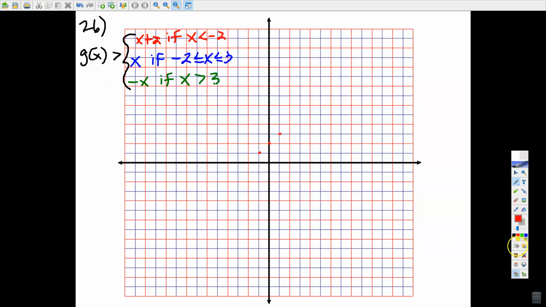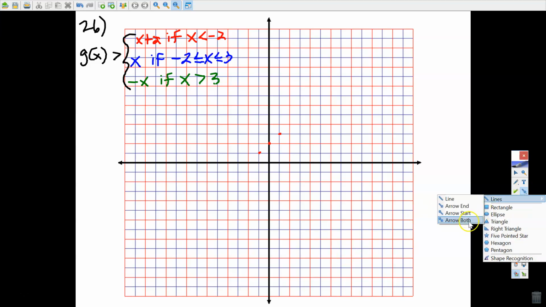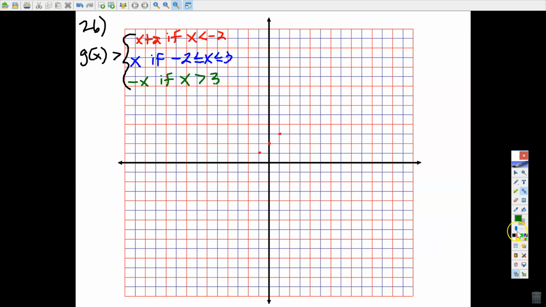Let me change my line type. I'm going to make this one red, and we're going to do a dashed line. For this first example, I'm going to do something that probably won't be necessary going forward, but I think it's good to illustrate how this works in the beginning.